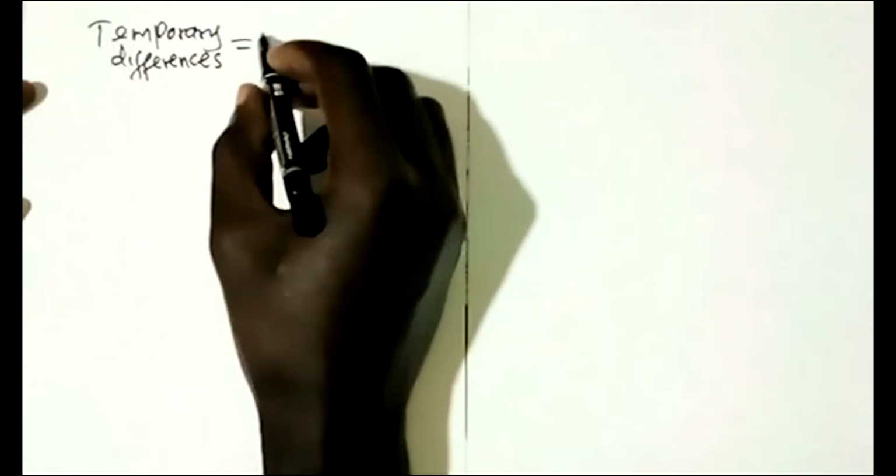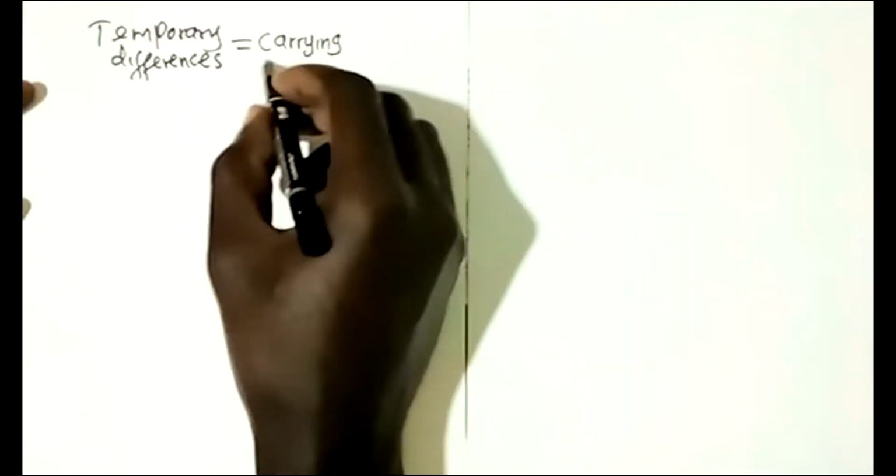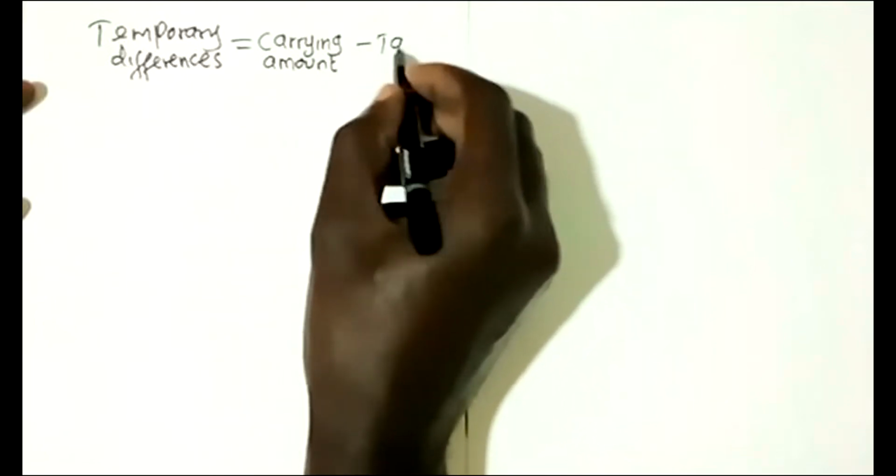The temporary difference is the carrying amount minus the tax base.